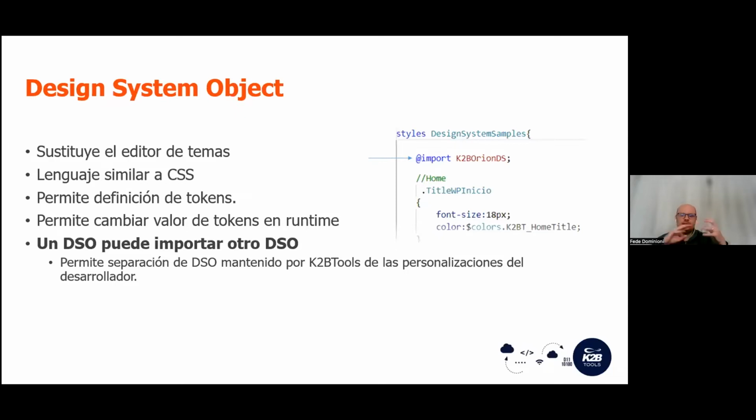What does this mean? How does this help you? Well, when you were using the theme object before, K2BTools had its theme, and you were working with your theme. And one of the things that happened very often is that version after version, we released new things in the K2BTools, and you also customized at the same time.